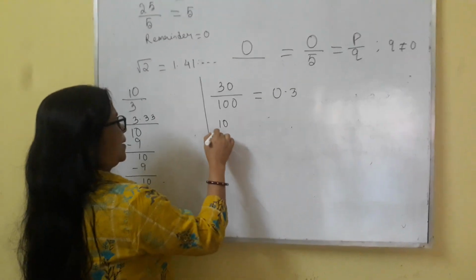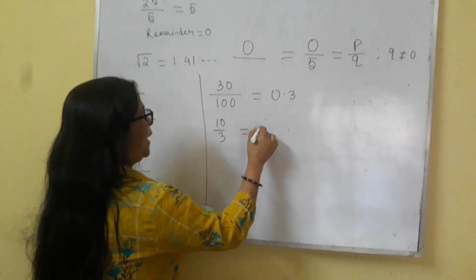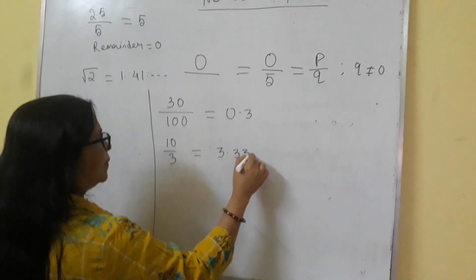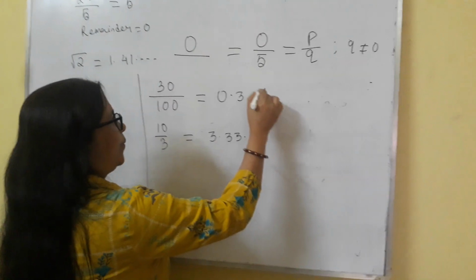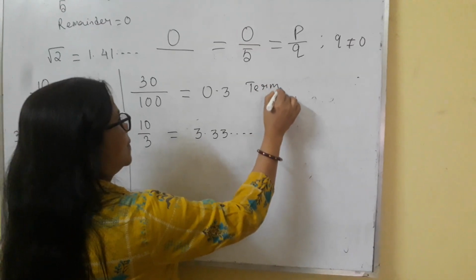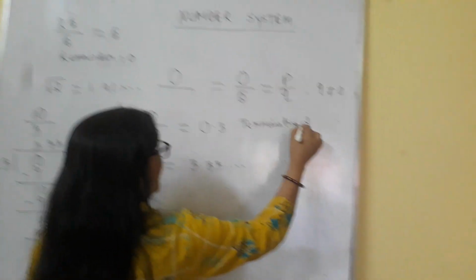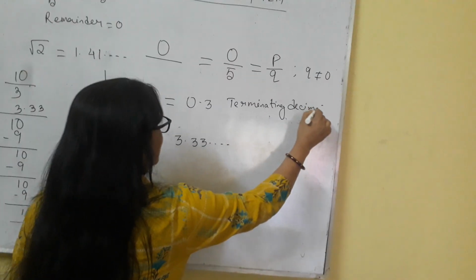10 by 3 is a non-terminating decimal expansion. This is terminating decimal expansion.